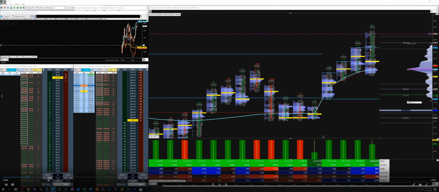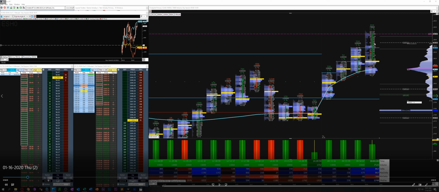What I want to show on this footprint bar is what I mean when I say pop: that dramatic, fast movement as we broke this high here. You can see that by the lower volume area.